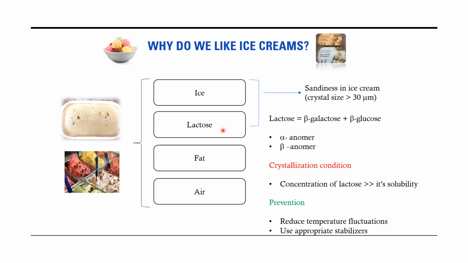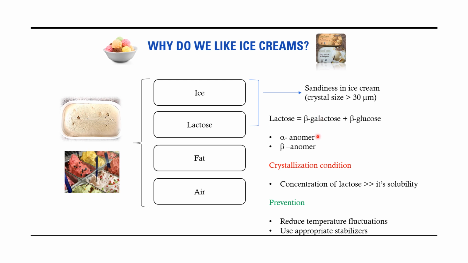Ice and lactose, which is a reducing sugar present in milk, both have the ability to crystallize in food products like ice cream. The result of crystallization is that ice creams become grainy in texture and when eaten will give a feeling similar to what is experienced when sand is in the mouth. Therefore, this condition is termed as sandiness in ice cream.